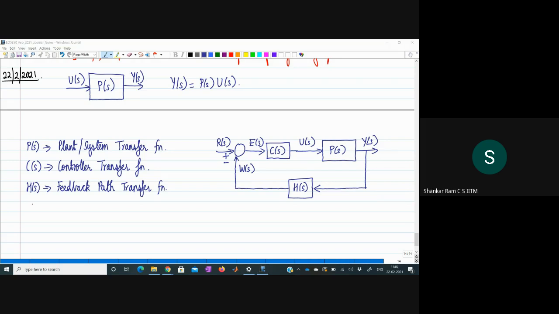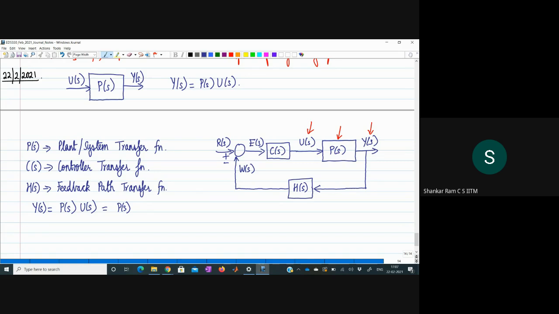Consequently, Y of S, which is the output from the plant transfer function block, is going to be P of S times U of S. Once again, I'm reiterating that the plant transfer function is P of S, the input is U, and the output is Y of S, which is the block transfer function multiplied by the input. So that's how we are writing. All right. So now similarly, what do you think will be U of S?